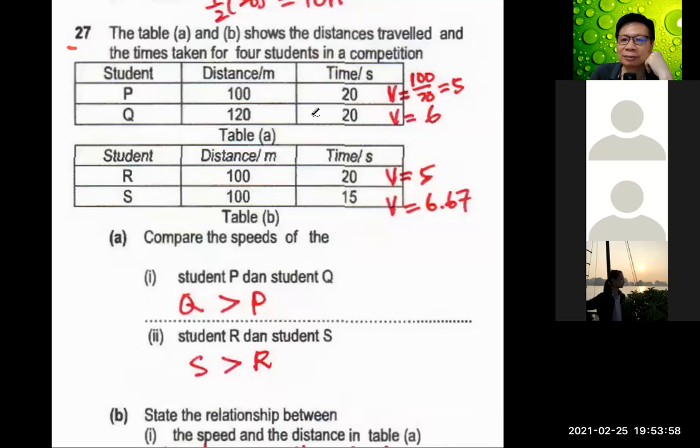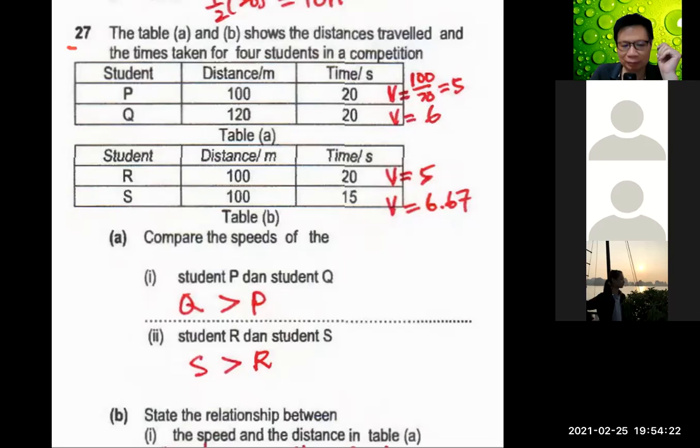How to give the answer? The time is fixed, for both of them it is 20 seconds, the time is the same. So you only comment on the speed and the distance, whereas the time is constant. So how? Can someone please try to give the answer?